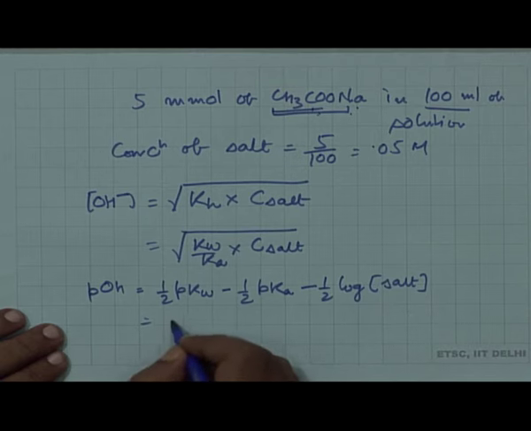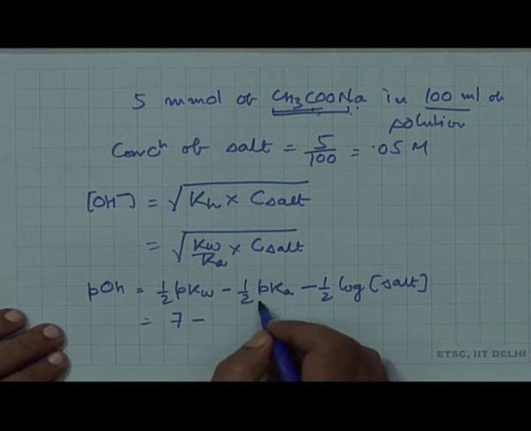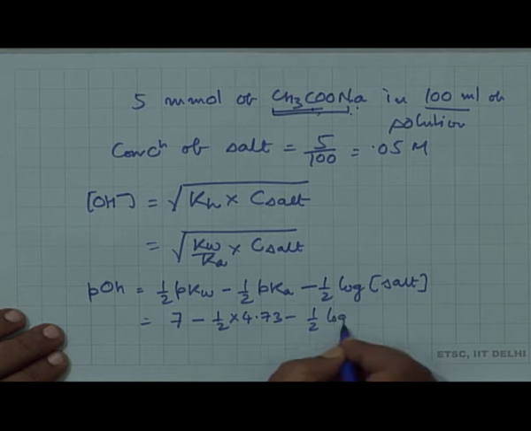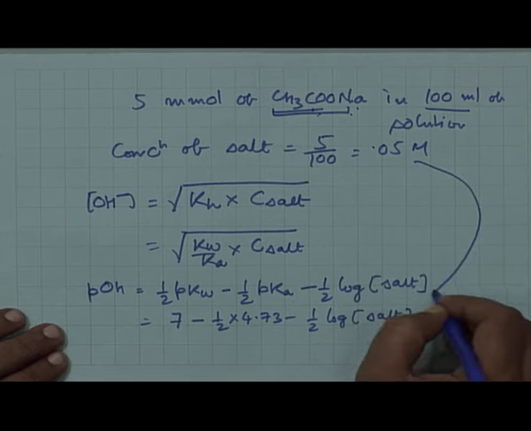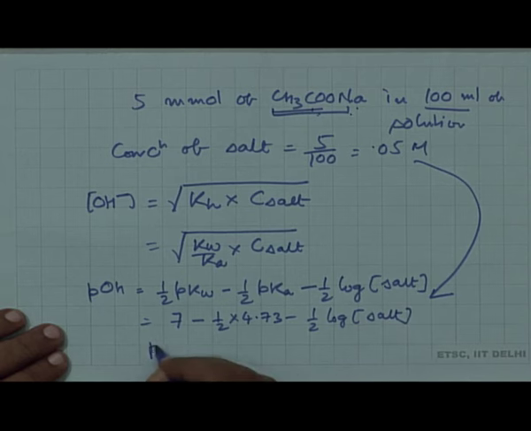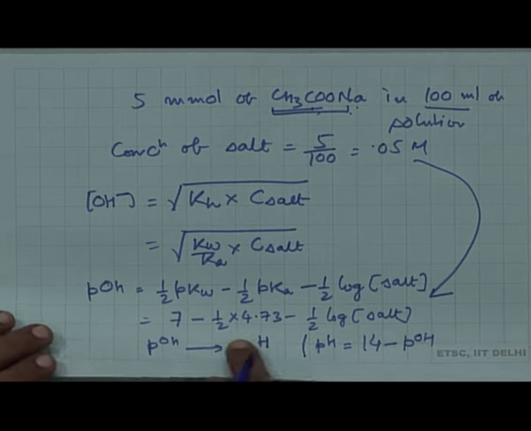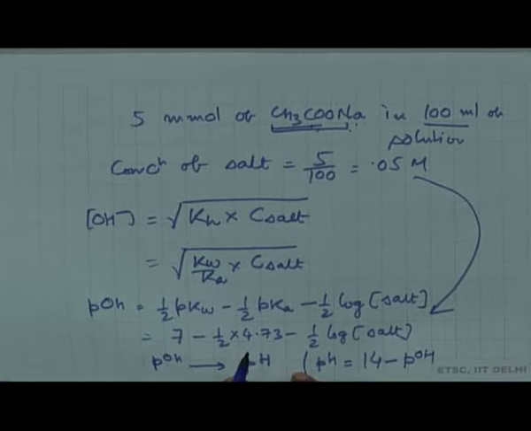So, this is your 7 minus half into 4.73 minus half log salt concentration, and salt concentration is 0.05. Just put it here, you will get pOH, and from pOH you can calculate pH. pH is equal to 14 minus pOH. So, this is the way you can calculate it.